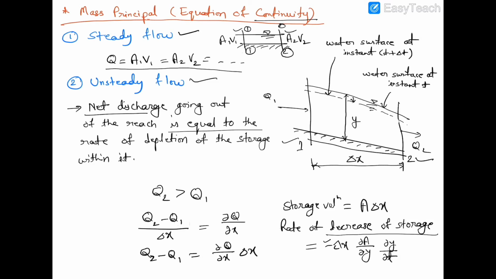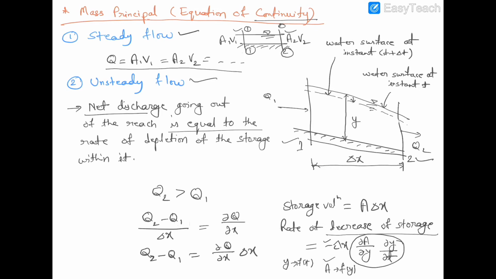And why is this term dou A upon dou y upon dou t coming? Because y is a function of t and A is a function of y. Clear? The depth is changing with respect to time and area is changing with respect to depth of flow.